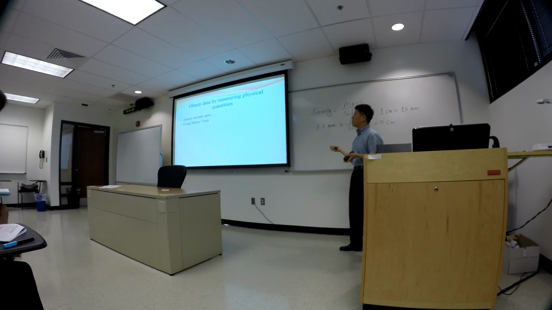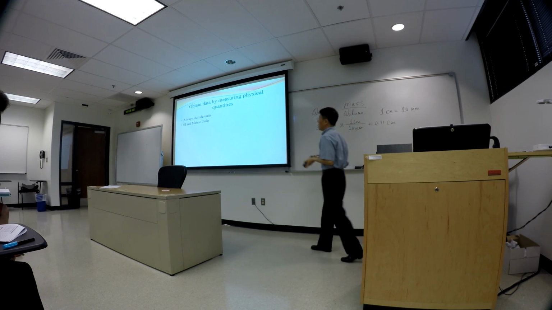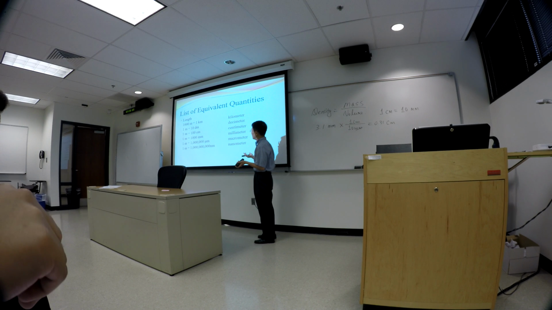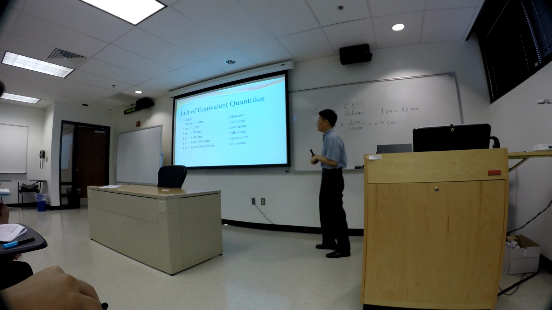Okay. The SI unit and the metric unit refer to the same thing. The metric system is what we use as an international standard here. Now we understand there are different measurement units there. So the list of equivalent quantities, this is what we call the conversion factor.